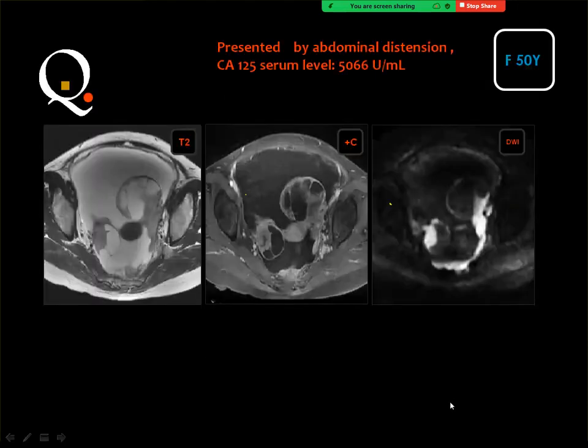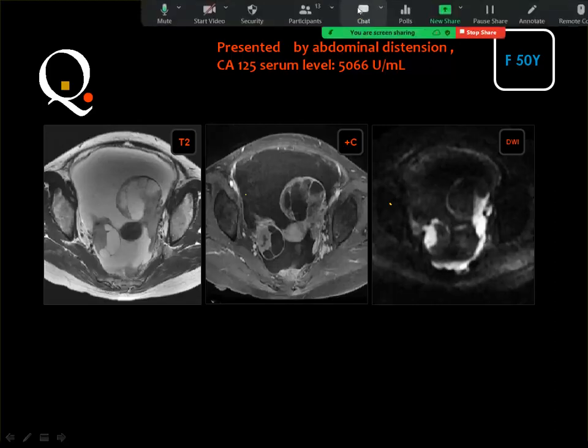Next case is a 50 years old female presented by abdominal distension with marked elevation of the tumor marker CA125. This is T2 and T1 post contrast with fat sat, and this is diffusion weighted images.